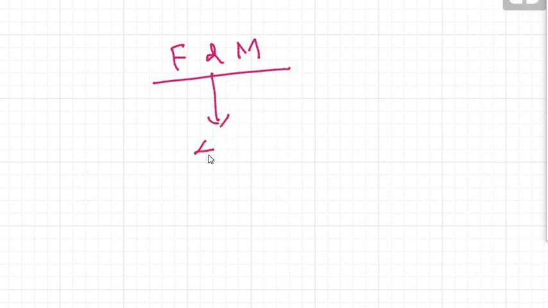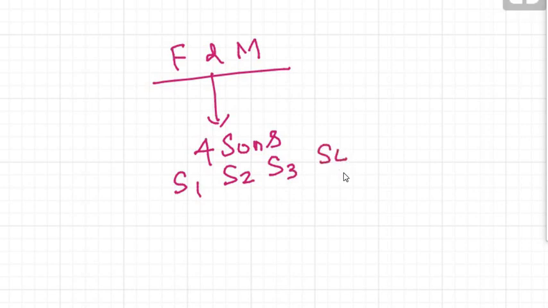In a family, father and mother. So a family has father and mother. They have 4 sons, S1, S2, S3, S4. Each son has 2 sisters.